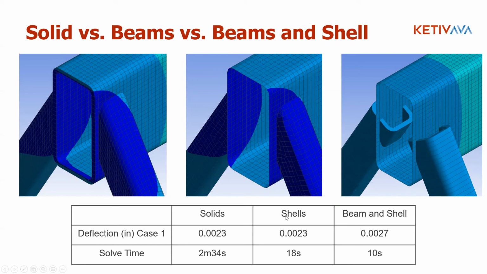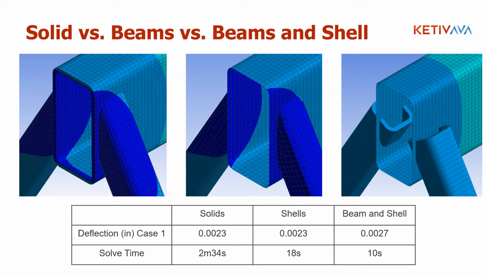But depending on the complexity of your features, the shell actually might be something easier to use. I might have a pretty complicated surface geometry that I cannot get a nice high quality mesh on as a solid.